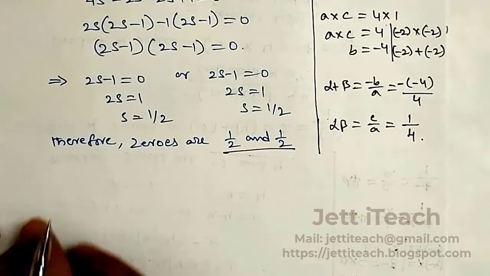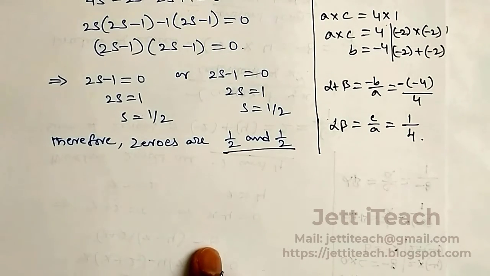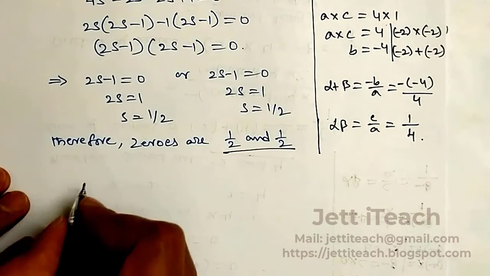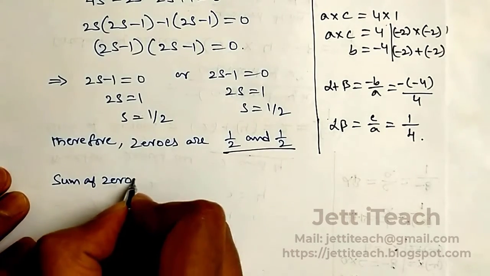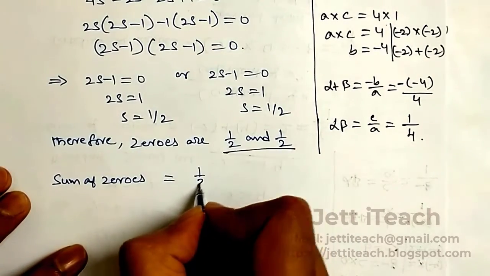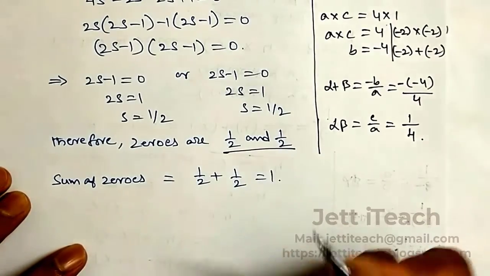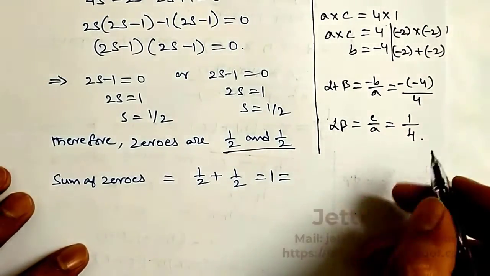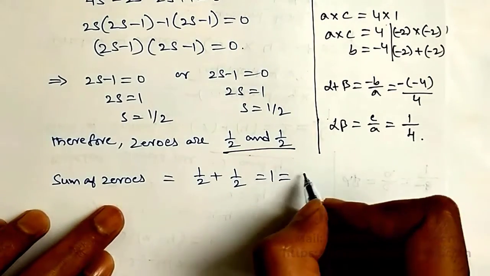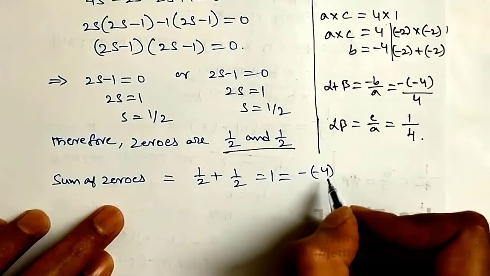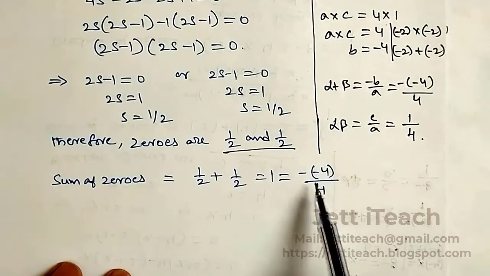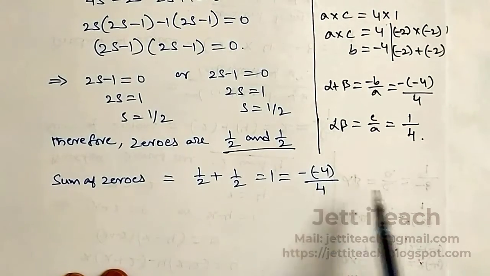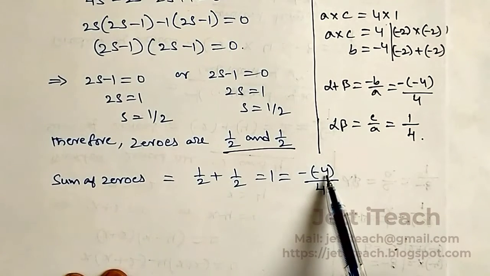Now I will write the sum of zeros. Sum of zeros: 1 by 2 plus 1 by 2 equal to 1. What is the sum of zeros by the formula? Minus of minus 4 by 4, which is plus 4 by 4, that is 1.